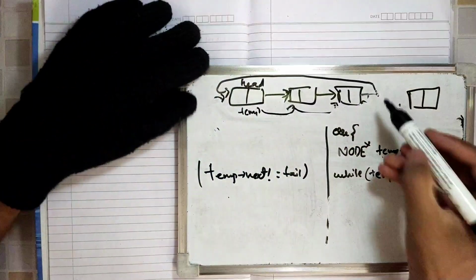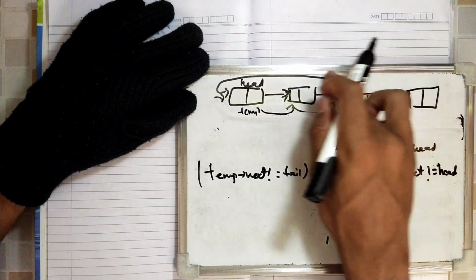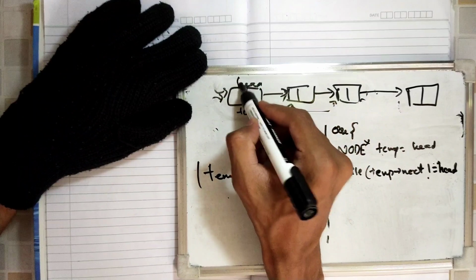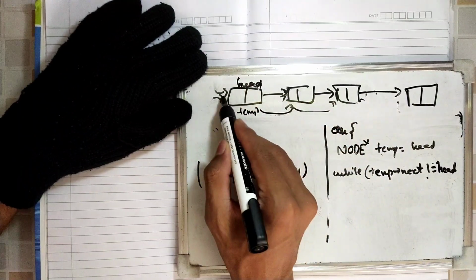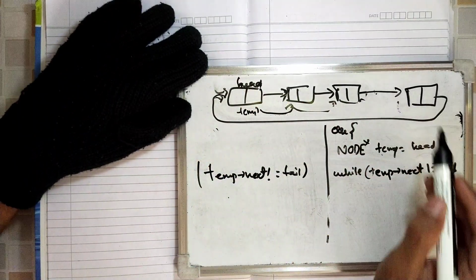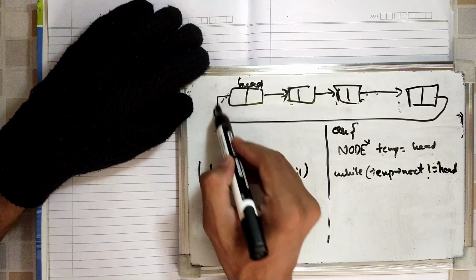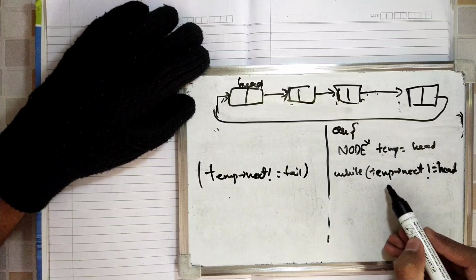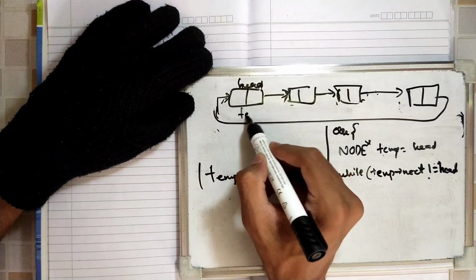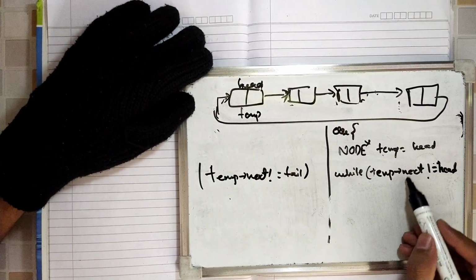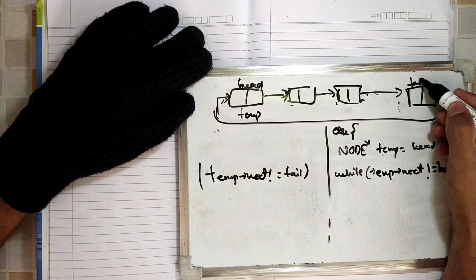Understood? Let me provide this connection properly. This we don't have here. So this is my head. Don't get confused. Now while temp of next, so my temp is here now. So what I am saying, until the temp of next is my head, so my tail is here, I have to traverse.